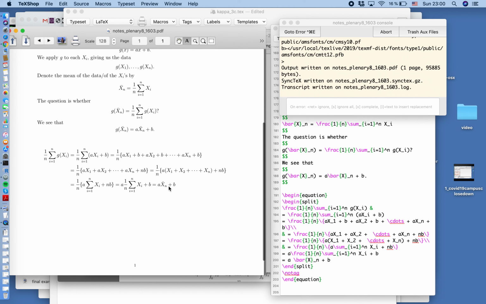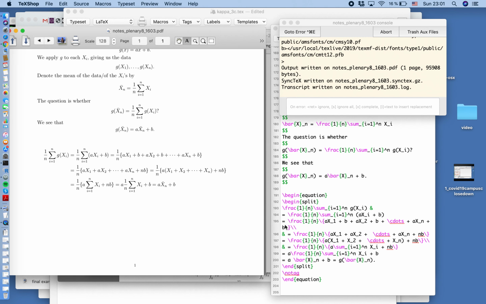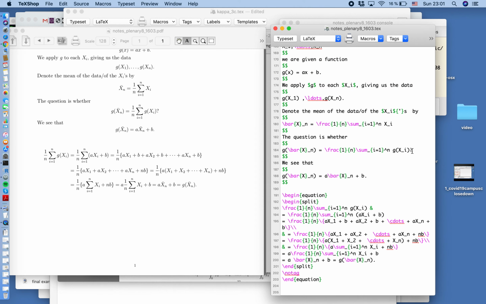But now we see that this is g evaluated in the mean of the x's, which means that we have now shown what we were asked to prove in this assignment 3a. So we can now remove this question mark.